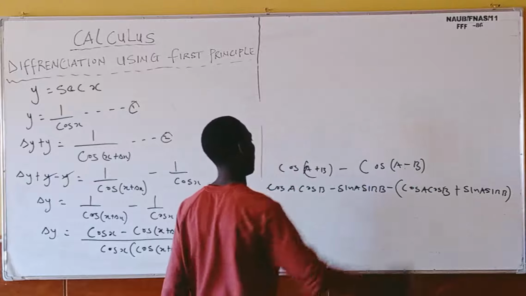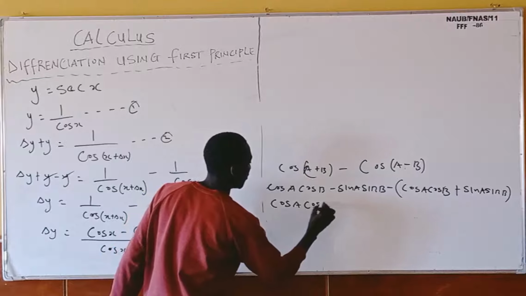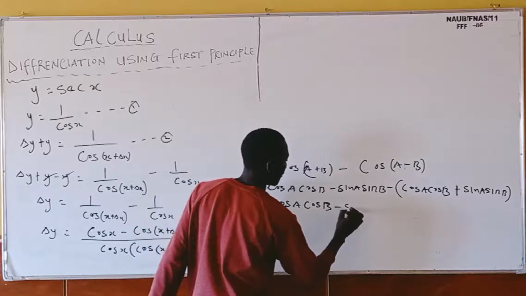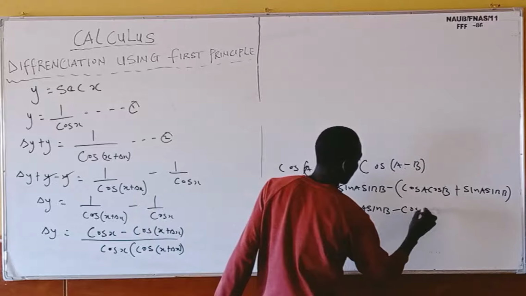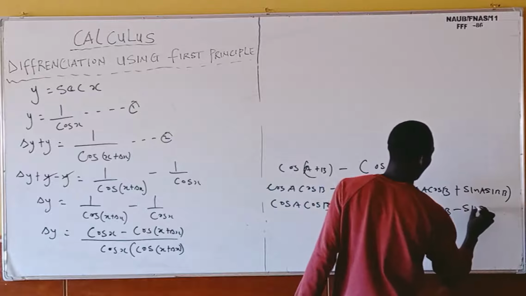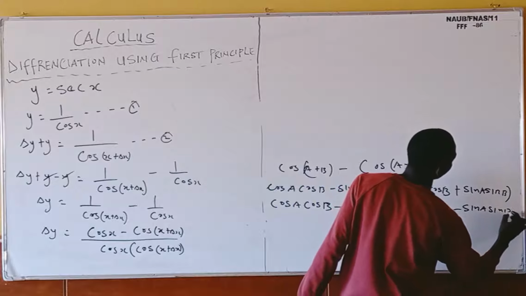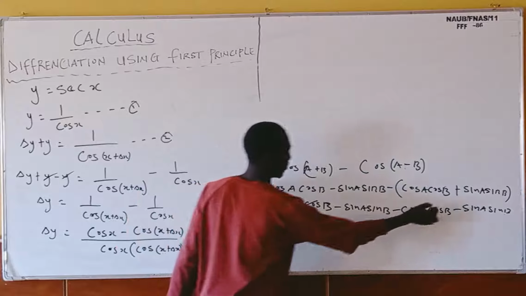So if you expand this, I'm going to have cos a cos b minus sin a sin b minus cos a cos b minus sin a sin b. If you continue with this, you will observe that this will cancel out this.